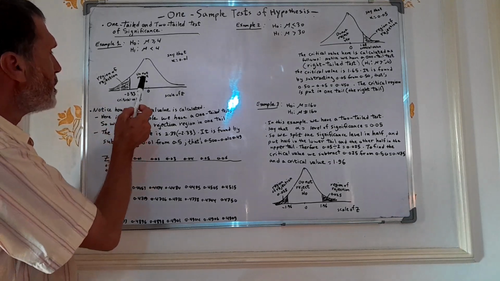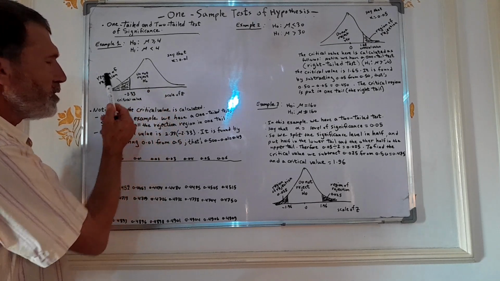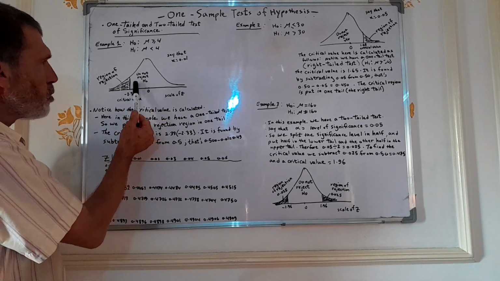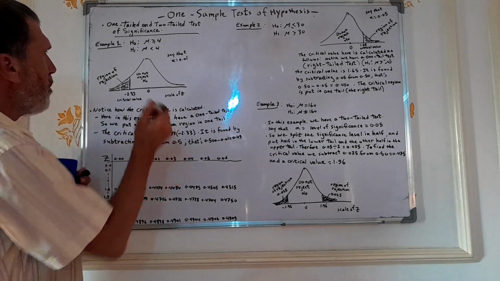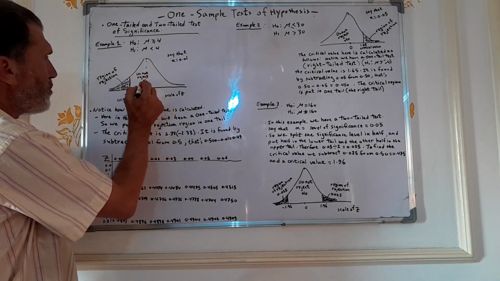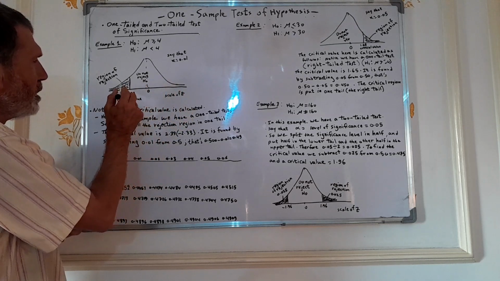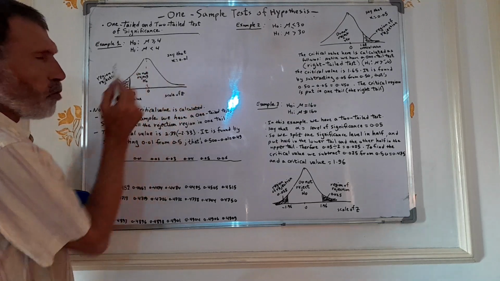Of course, you remember the whole area underneath this curve is 1, and half of it is 0.5. So 0.5 in the lower half, from here to here, and 0.5 from here to here. Now the alpha is 0.01.